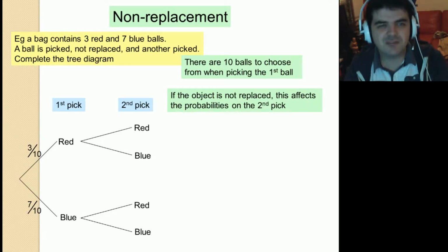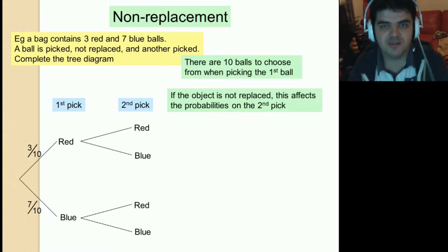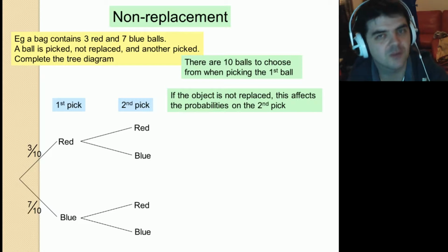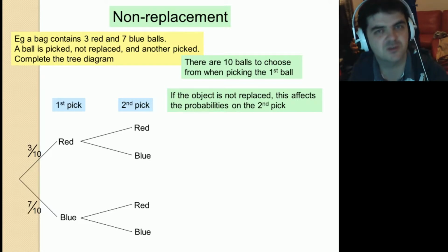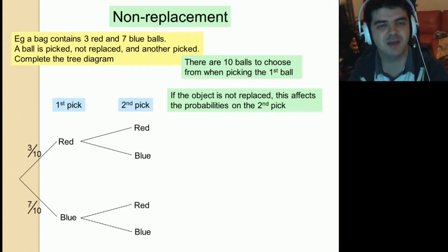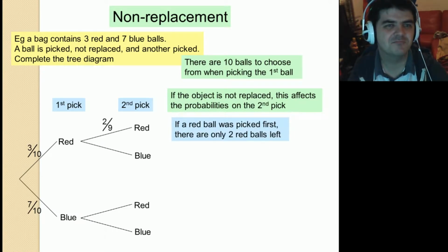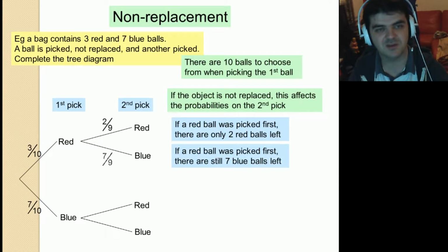So if I picked a red in the first ball and don't replace it, then there are only 2 red balls left. So the probability is 2 over what? Well, we didn't replace the first ball, so there's only 9 balls left in the bag. So the probability is 2 over 9. And for the blue, there's still 7 blue balls in that bag, so the probability of that will be 7 over 9.